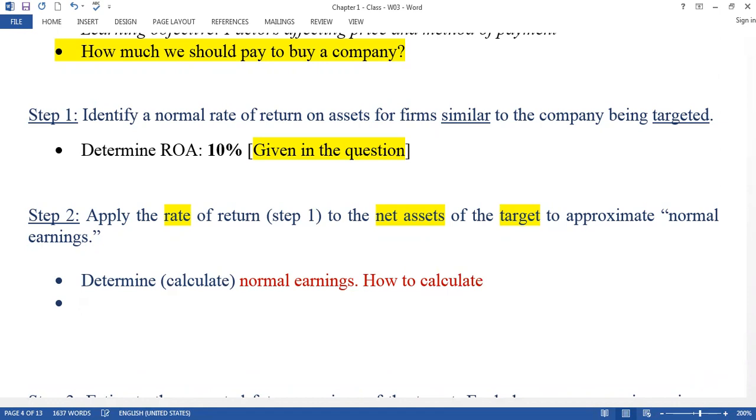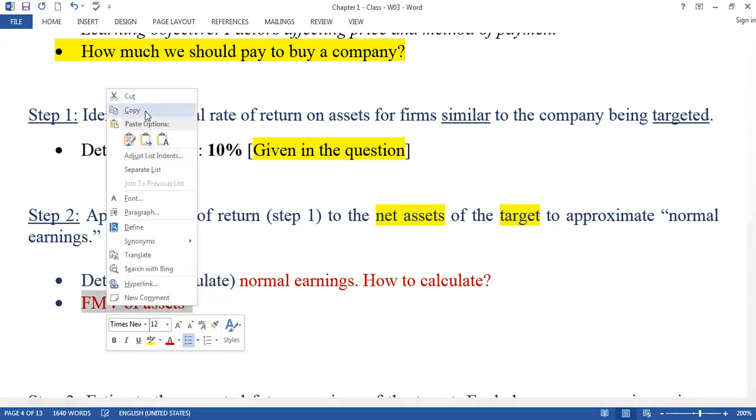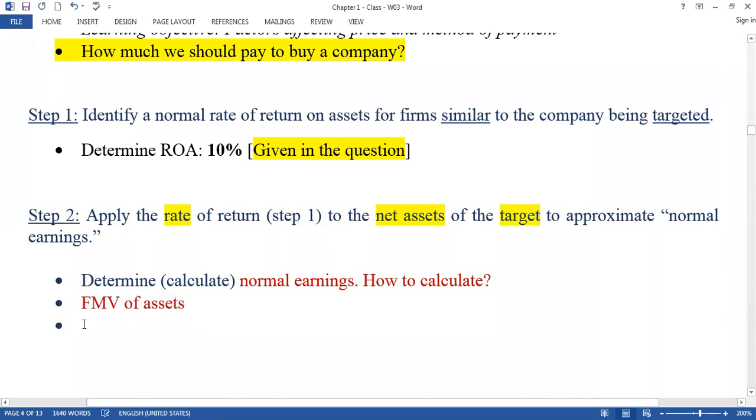To do so, you need the fair market value of assets. You need this information of which company? Target company, not your company. Look here, we are going to calculate the normal earnings for the target company. So how to calculate this? We need the fair market value of assets and the fair market value of liabilities.